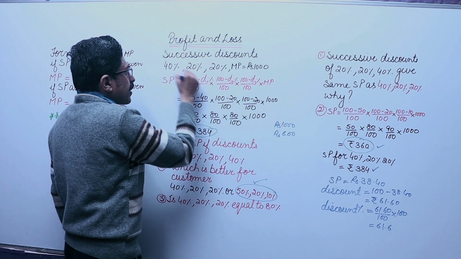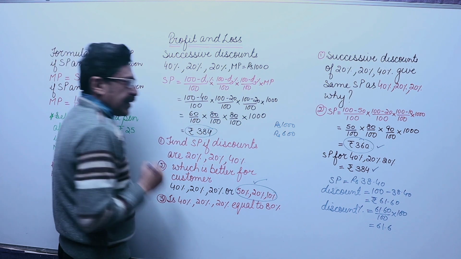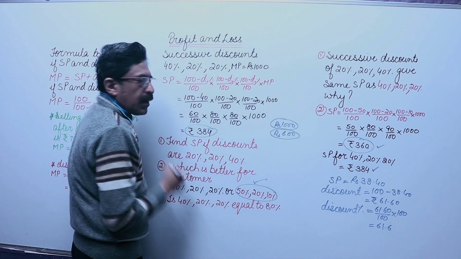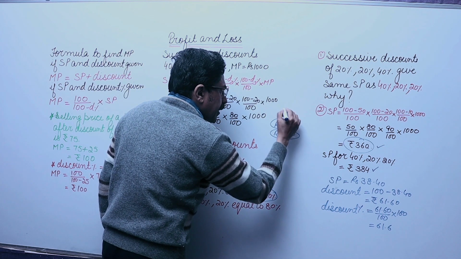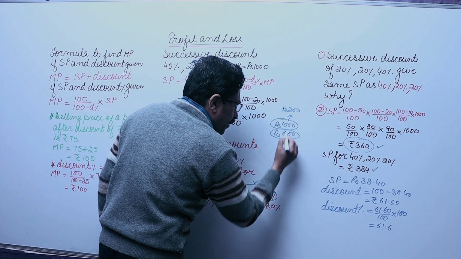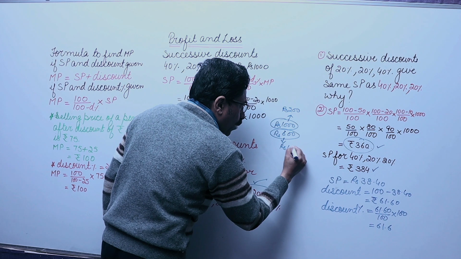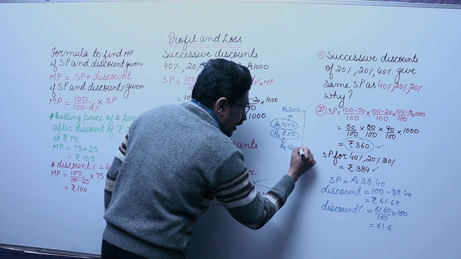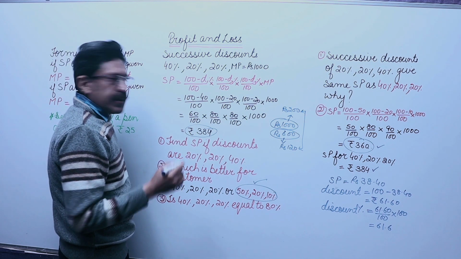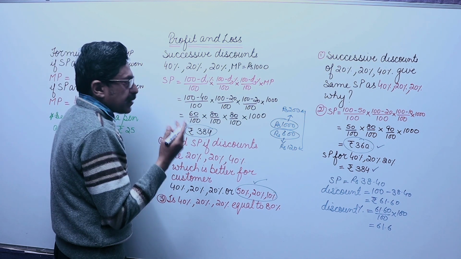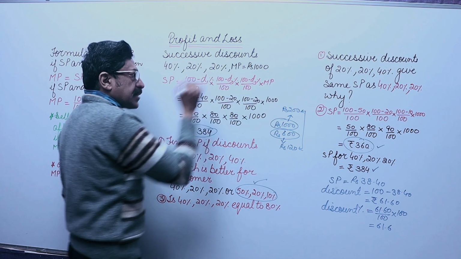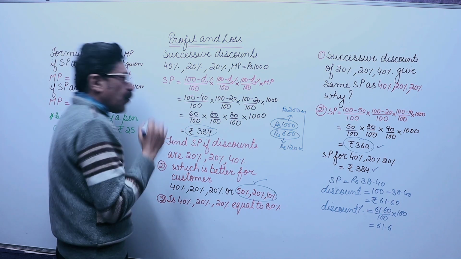Now the second discount percent of 20 is applied on 600, not on 1000. 20% of 1000 is rupees 200, whereas 20% of 600 is rupees 120. So we see clearly in this step a difference of rupees 80. This changes the answer. So while choosing successive discounts and single discount, we have to be very careful.